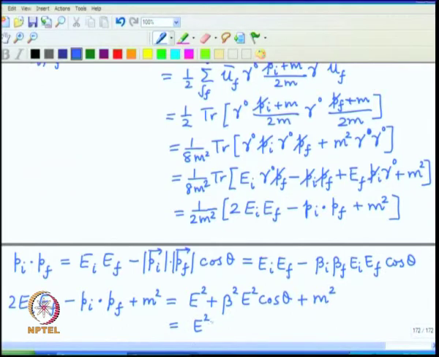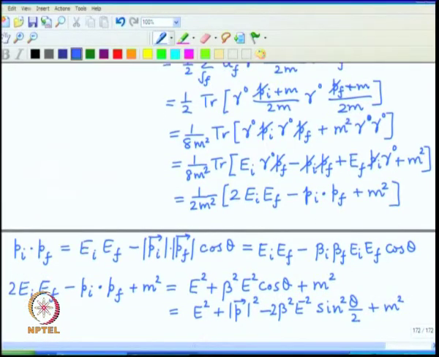So, this is E square, 1 will just give beta square E square, which is actually equal to the magnitude of the momentum square, and minus this beta square E square sin square theta by 2, and there is a factor of 2 which goes with it, and then there is plus m square.